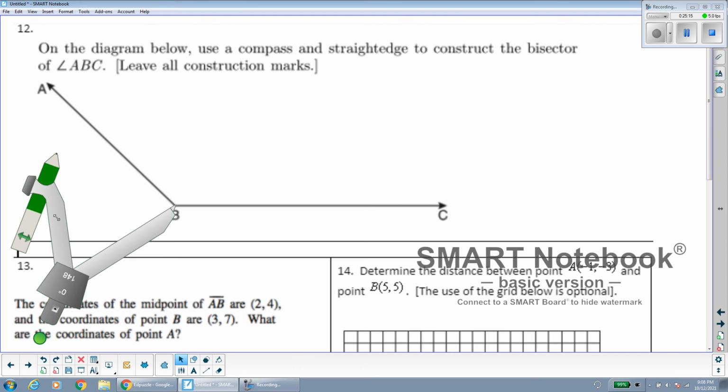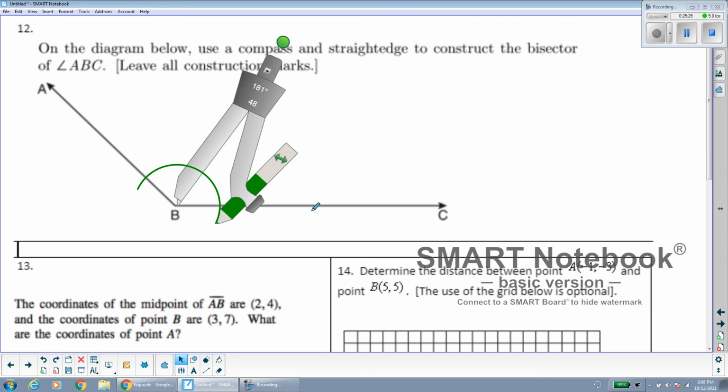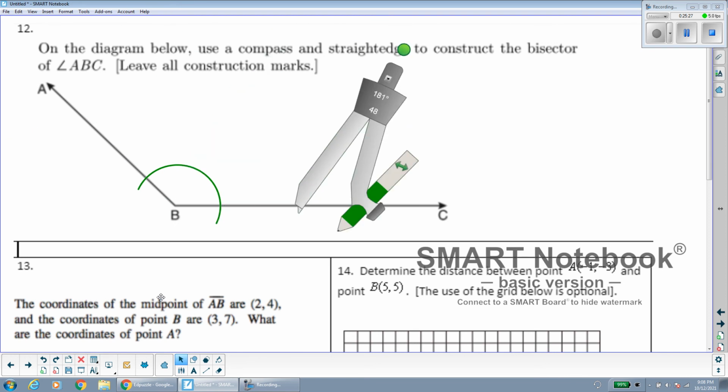Okay. So I put my compass point on point B, the vertex of the angle that I'm bisecting, and it doesn't matter how wide I open my compass or what hole I pick. I'm just going to swing an arc that intersects the angle in two spots. So I have one intersection point here and one intersection point here.